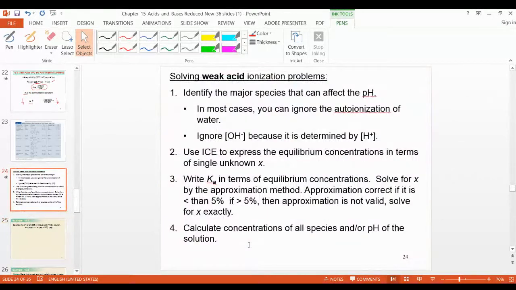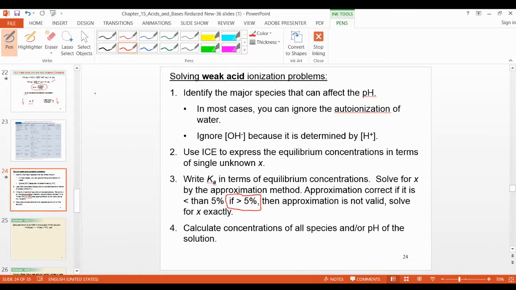Okay. Now for a weak acid, again I told you, you have to use an ICE table. But here, in acids and bases, we have to consider one thing extra: whether x is greater than 5% or less than 5%.